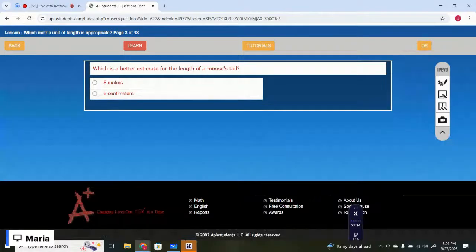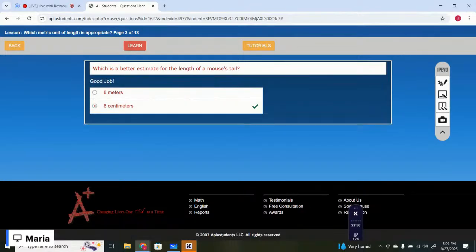Which is a better estimate for the length of a mouse tail? It would be 8 centimeters because 8 meters is too tall for the tail.